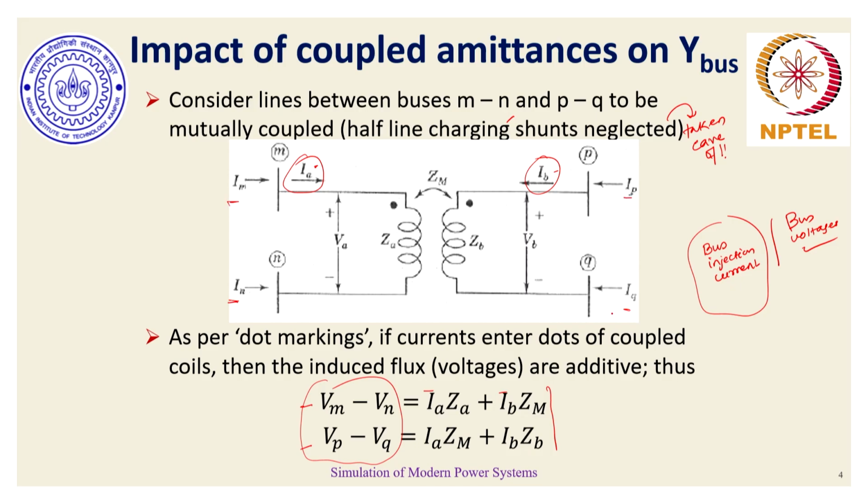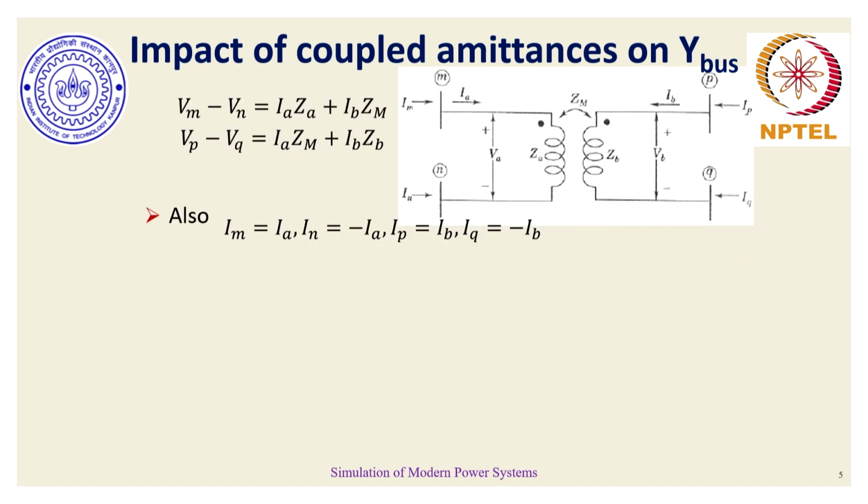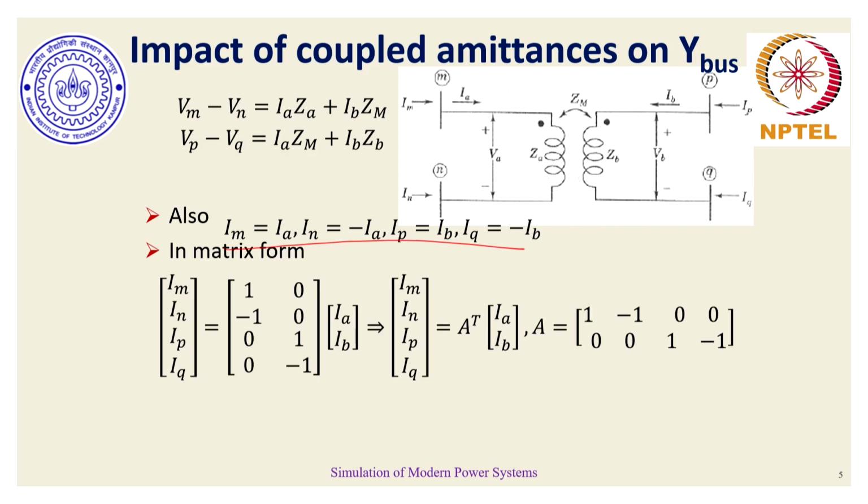We have to represent these IA, IB in terms of bus currents, which are marked as Im, In, Ip and Iq. If we focus on this portion of the circuit, it is very clear that the line currents can be written in terms of the bus currents or vice versa, and hence we can rewrite these two equations in terms of bus currents Im to Iq.